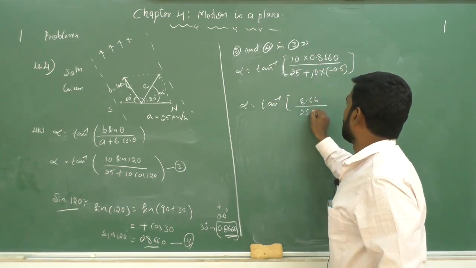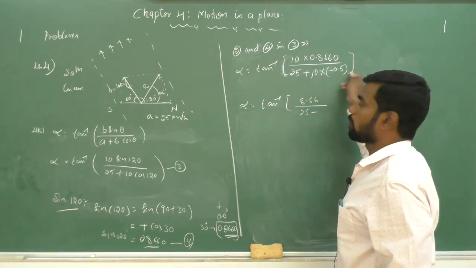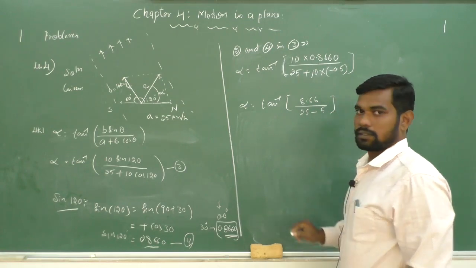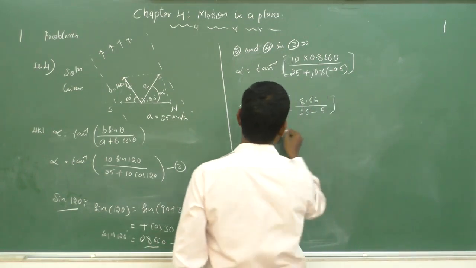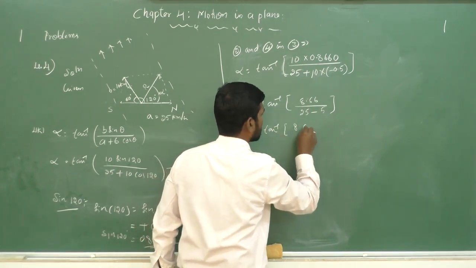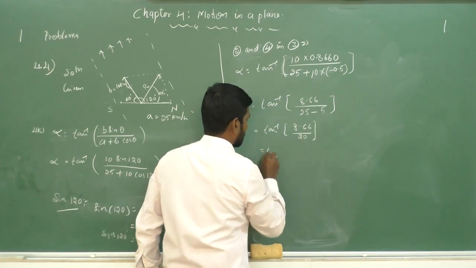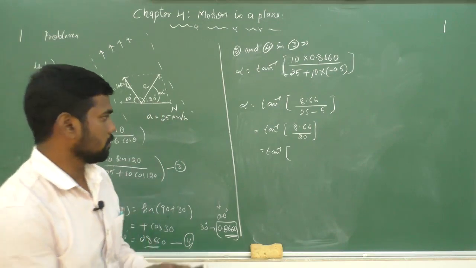Here plus into minus, it is minus 10 into 0.5, and 10 into 0.5 is 5 only. So simplify: tan inverse of 8.66 divided by 20.